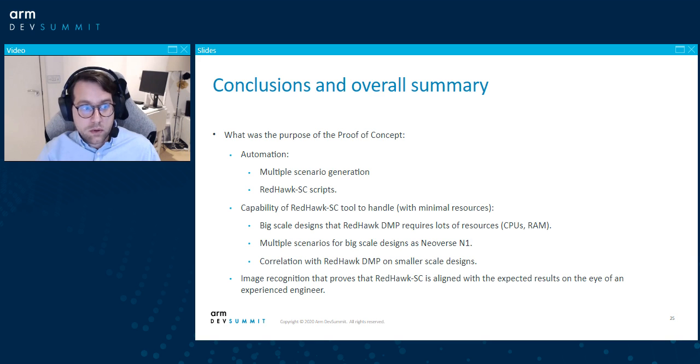And the last point, on what we did in this session, is the image recognition algorithm, as we mentioned, that proves that Redhawk-SC is aligned with the expected results in the eye of an experienced engineer.